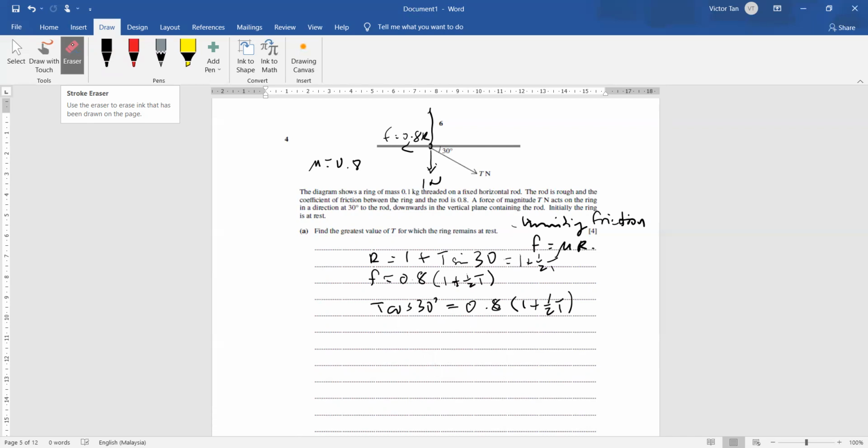All these are wrong. So you have 3 over 2 T minus 4 over 5 times half 2 over 5 T equals 0.8.